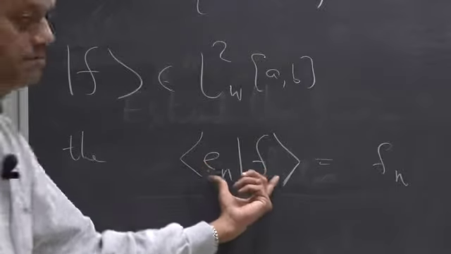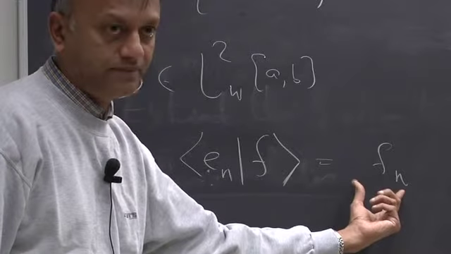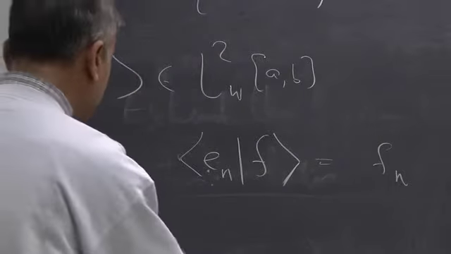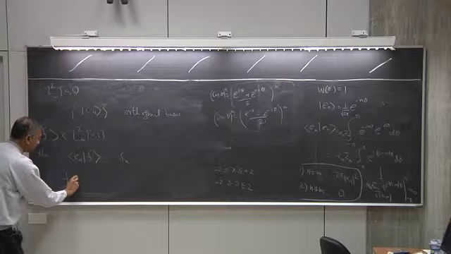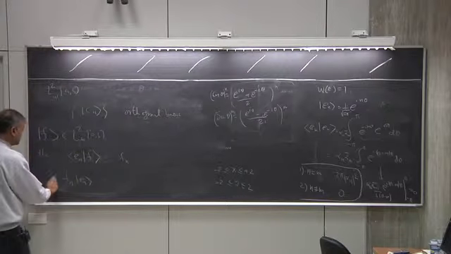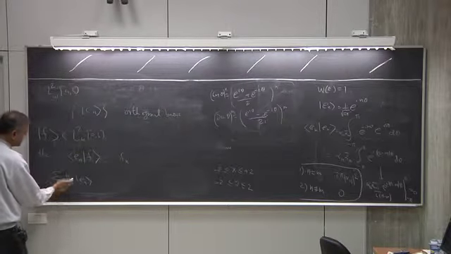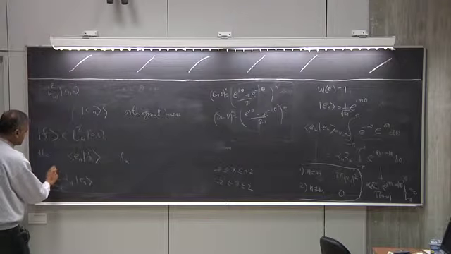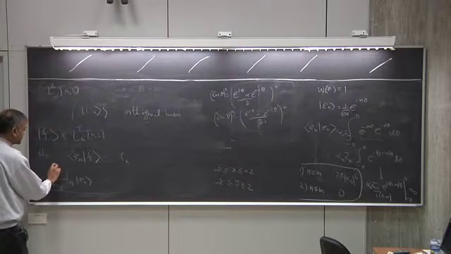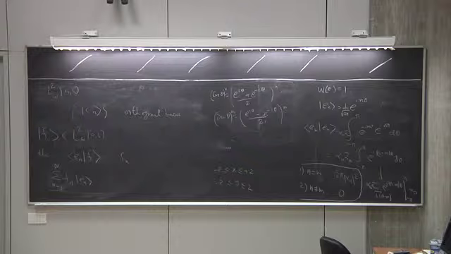This is some number, which I call f_n. Then consider these vectors f_n e_n, summed over n going from 1 up to some number, say capital N.